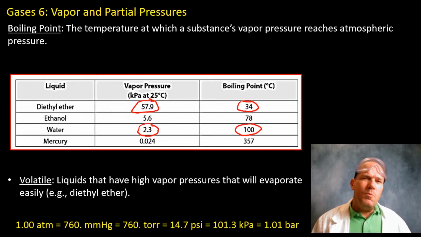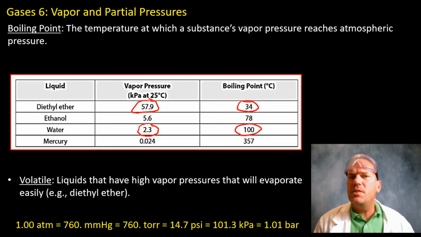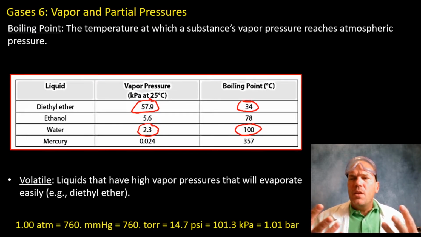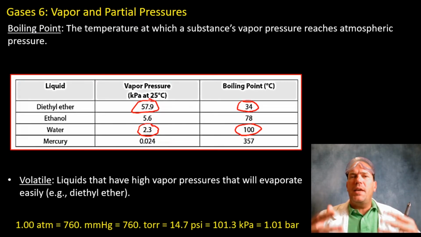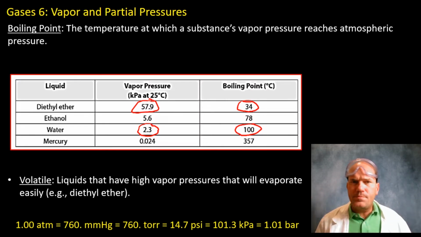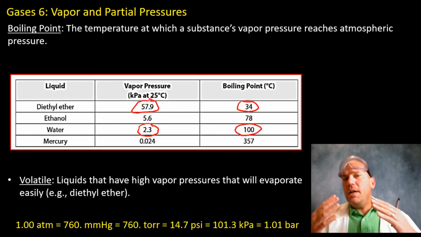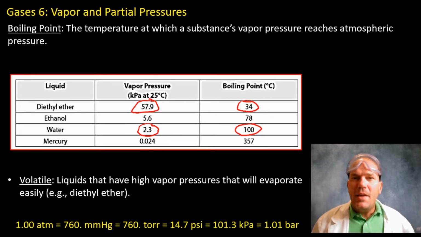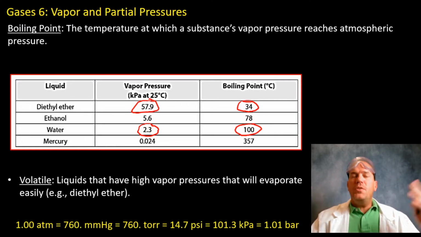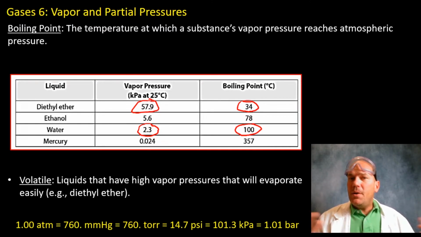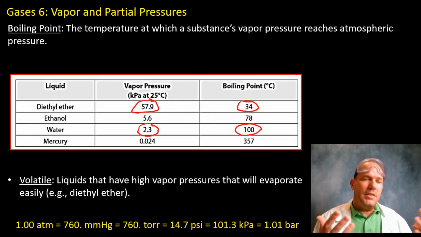However, one thing I usually associate volatile substances with is that you can smell them. So gasoline and alcohol are volatile. And that's because they are able, again, to escape from their liquid form and turn into a gas, comparatively speaking, when we look at, say, water.